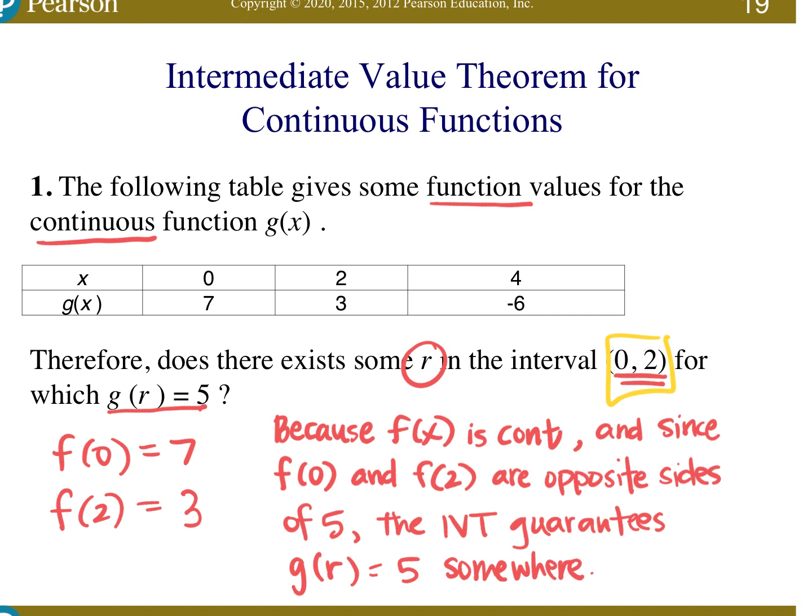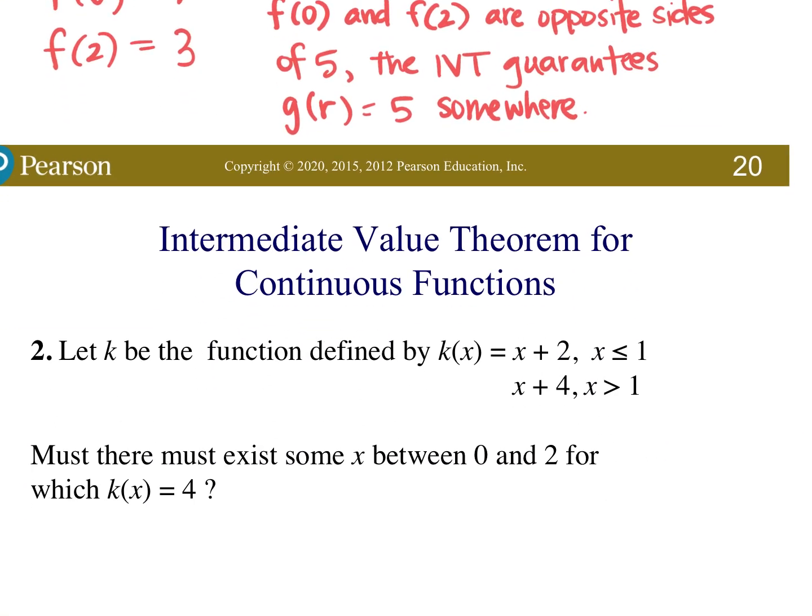Maybe more than once, but it guarantees at least once because they're on opposite sides. That's the Intermediate Value idea. Let's try another one.